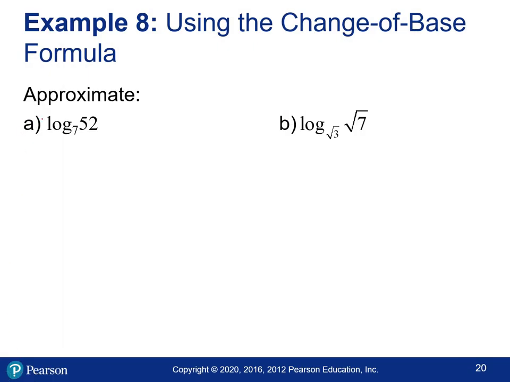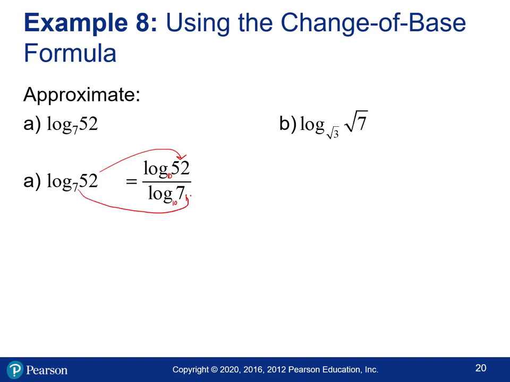All right, so let's go ahead and work this out using a calculator. Most calculators don't have the option of typing in base 7. So what we can do is pick either base 10 or base e. We're going to pick base 10. So our new base is 10. Using our change of base formula, the argument goes in the numerator and the base goes in the denominator.